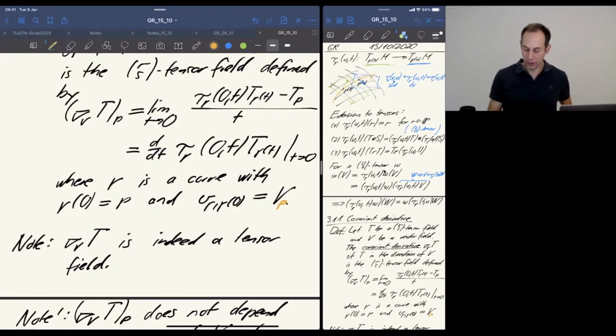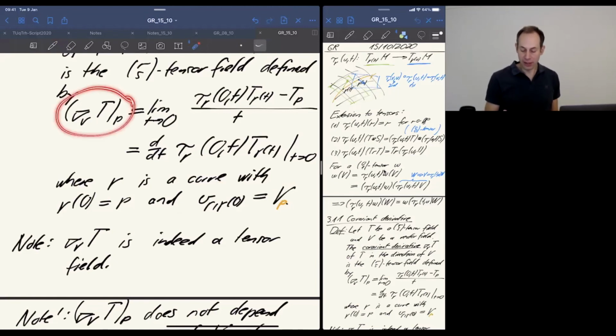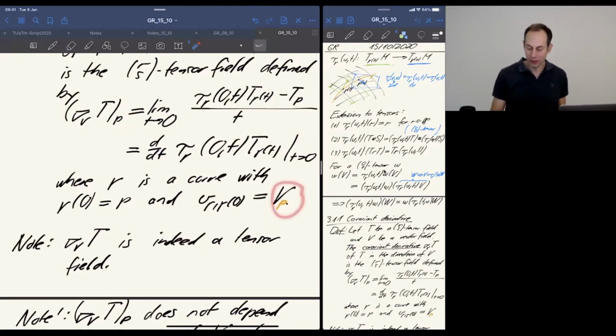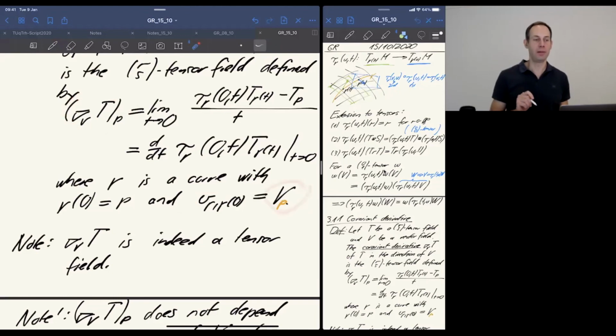So this curve gamma that I've defined here is defined by saying it should exactly have this direction v at the point p. And to define this thing at the point p, I only need that curve. It's irrelevant what the other directions are. So only the v_p enters the definition. Hence, it's obvious that as long as I'm only interested at the point p, I don't need to know what the vector field is at other places.